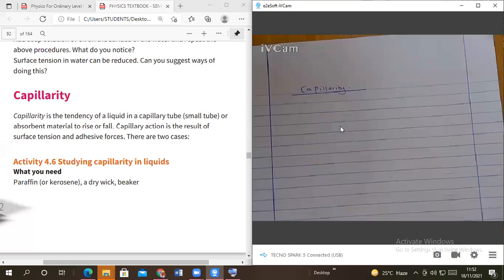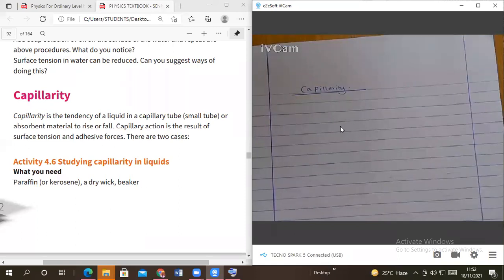The rise and fall of certain liquids or fluids in a given substance or material is what we call capillarity. It is a tendency for a liquid in a capillary tube or absorbent material to rise or fall. So it must be a liquid that can be absorbed, and then it rises or it falls. That's what we call capillarity.